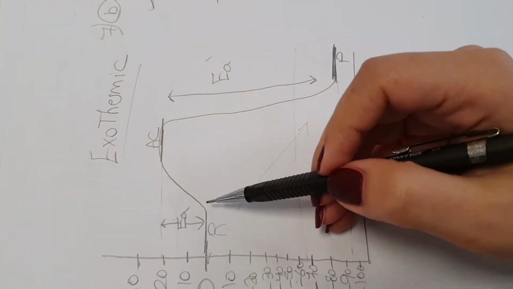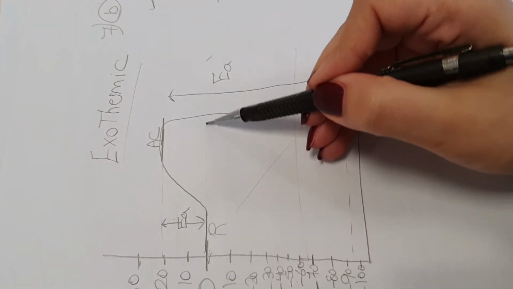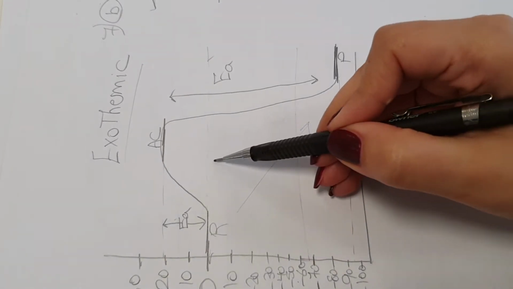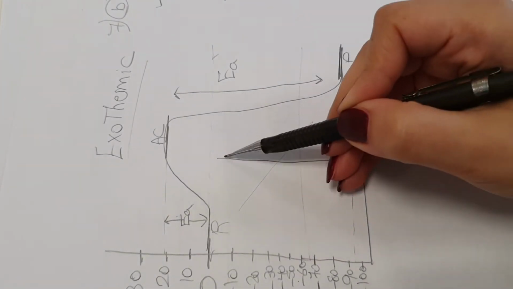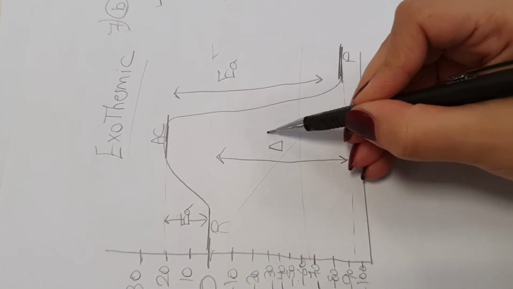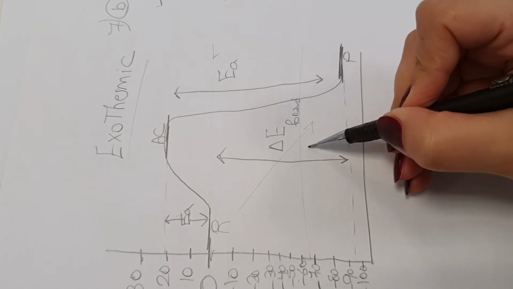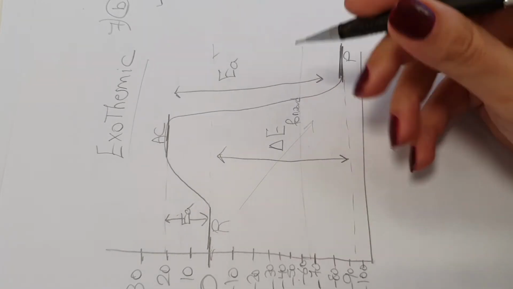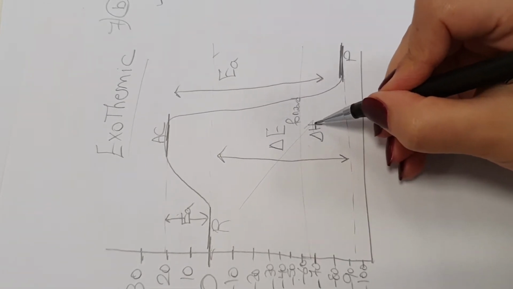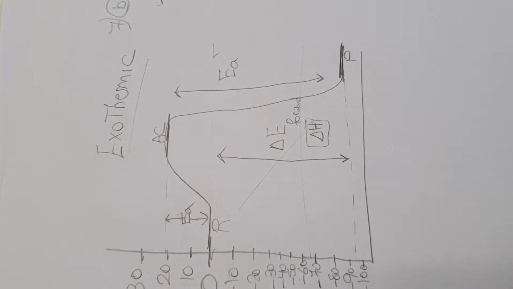We can say the delta E, or the enthalpy of the reaction, which is between the reactant and product. When I didn't mention forward or backward, it is the enthalpy of the reaction. Okay, and that's it. Easy. Let's do the last one.